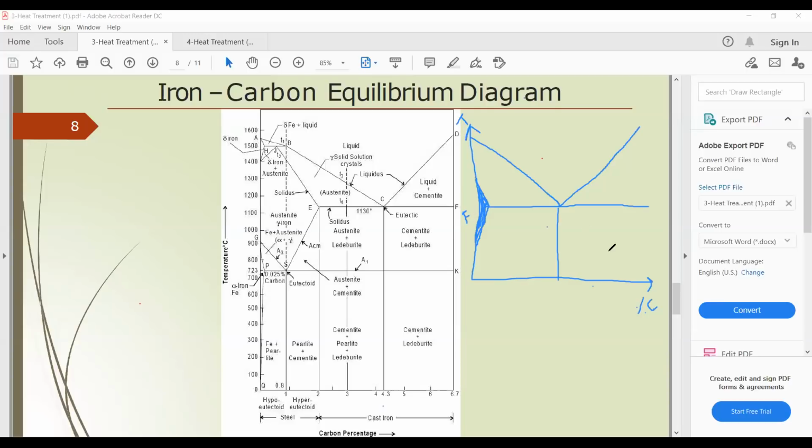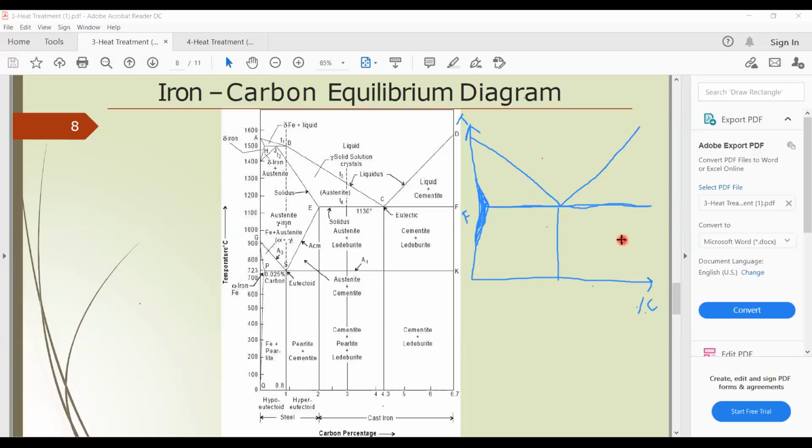Second thing you need to remember: at higher temperatures only the austenite structure forms. We discussed this earlier. So remember, this is a horizontal temperature line. There are two phases, above this line and below this line.